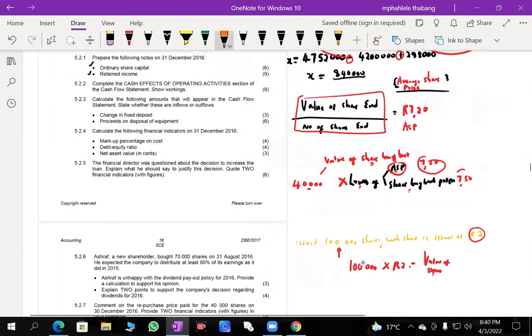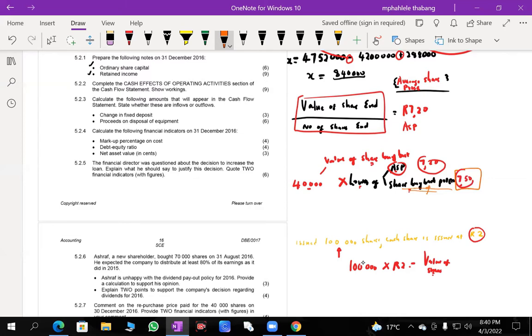Most of the time, this share buyback price is easy with the command question paper. This one, share buyback. Sometimes for this share buyback price, most of the time it is in the question paper.